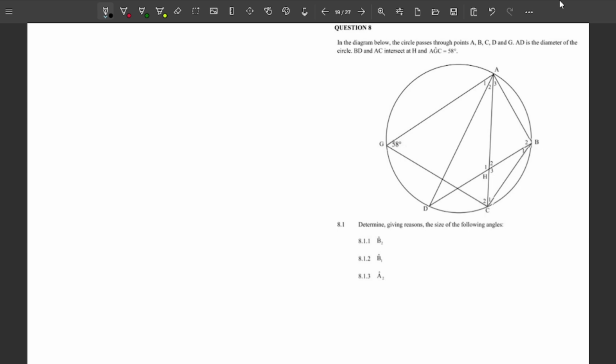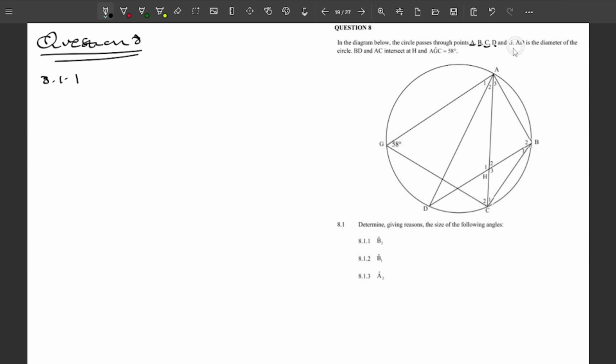So the first part that we have is question 8, question 8.1.1. The question statement reads as follows. In the diagram below, the circle passes through points A, B, C, D, and G. AD is a diameter.